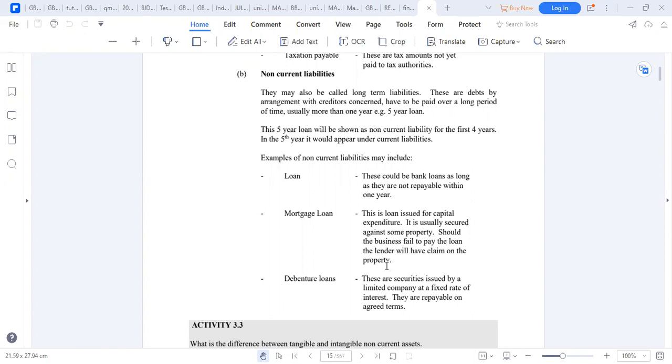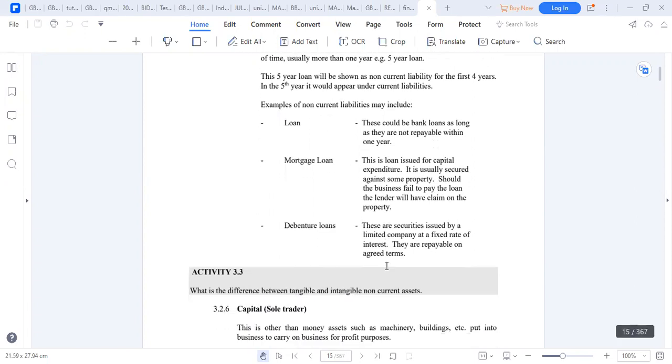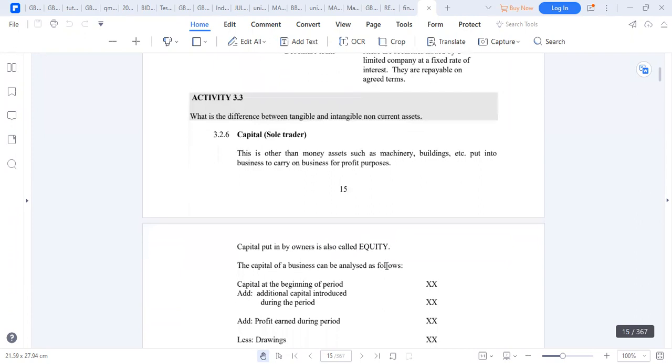And a debenture, these are securities issued by limited companies at a fixed rate of interest, and they're repayable on agreed terms. They have no collateral. I had mentioned this in the previous class.